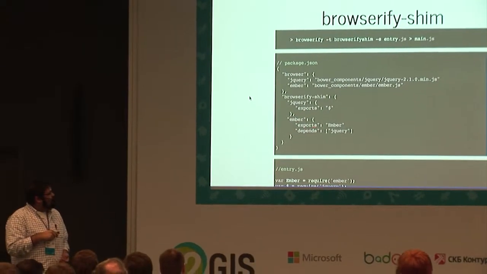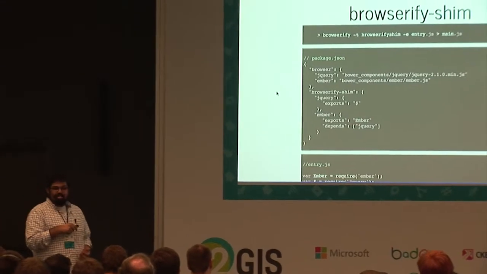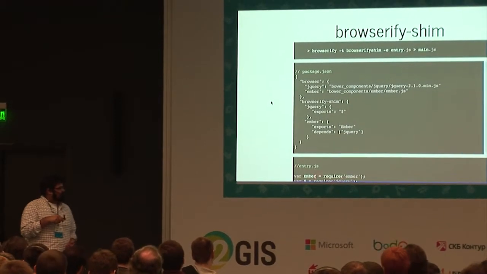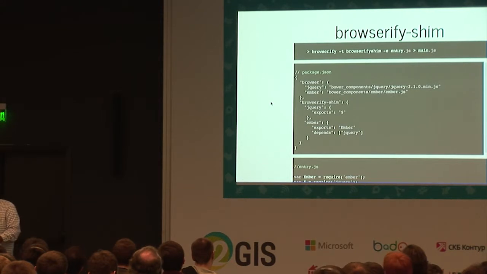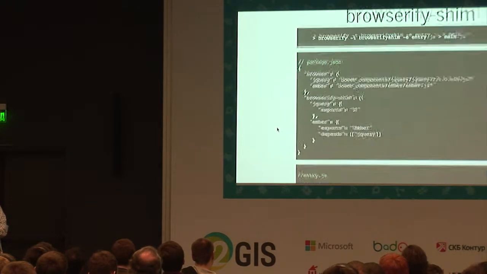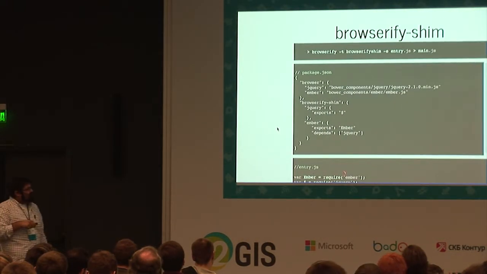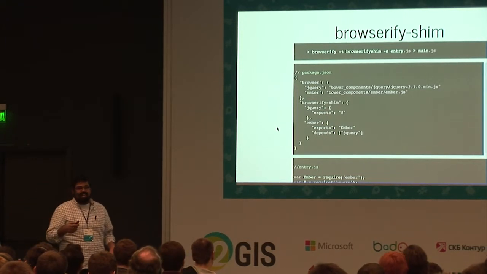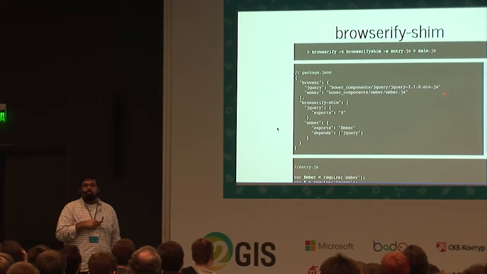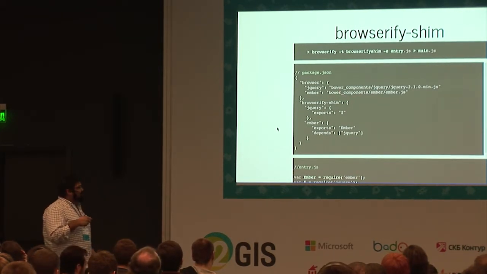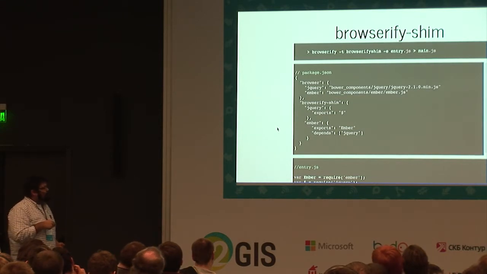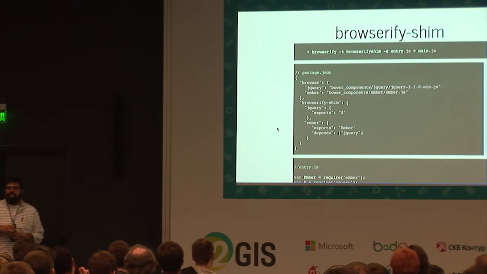I have Ember, which depends on jQuery and exports this capital Ember thing. And then inside my main file, which is a little cut off here, I can actually require these things just like I would normally, as if they were part of the Browserify ecosystem, even though I'm getting them from Bower. The goal here in general is to be able to take code from anywhere and use whatever module system you're using to actually use that code.